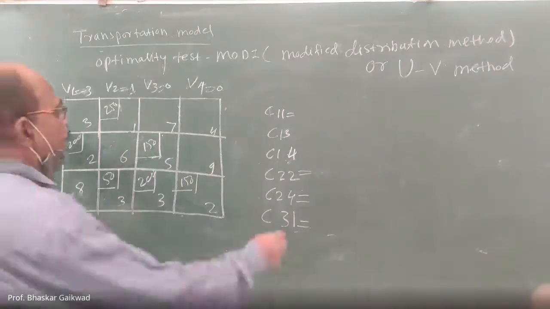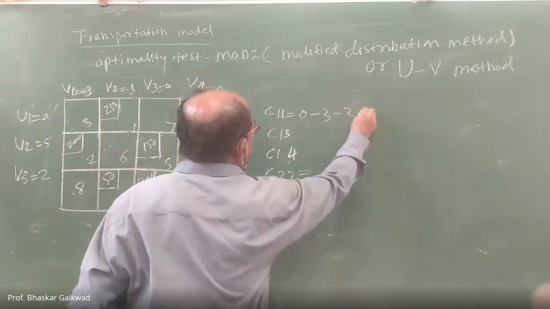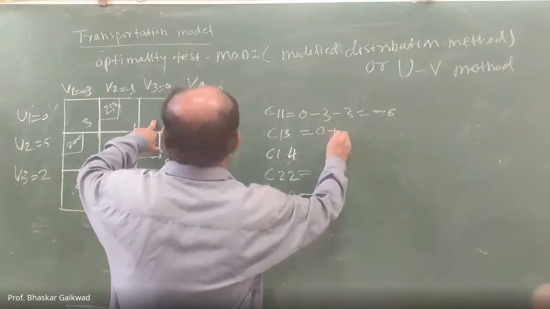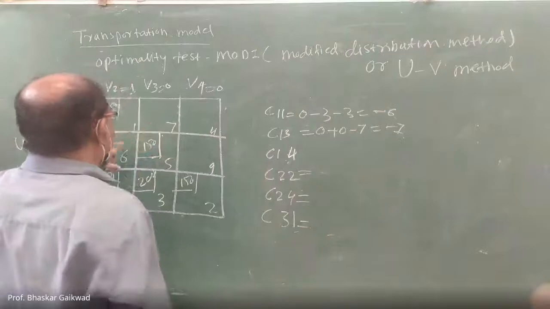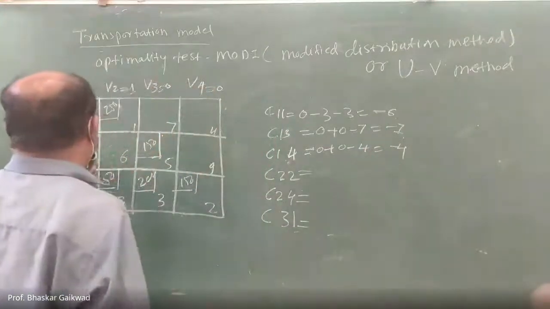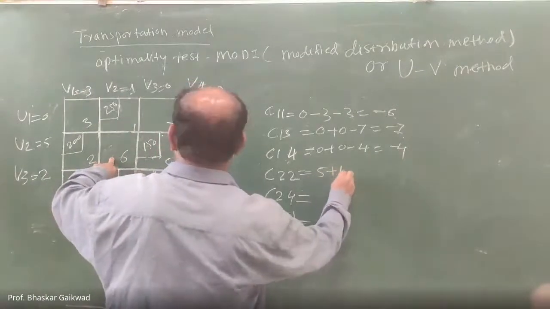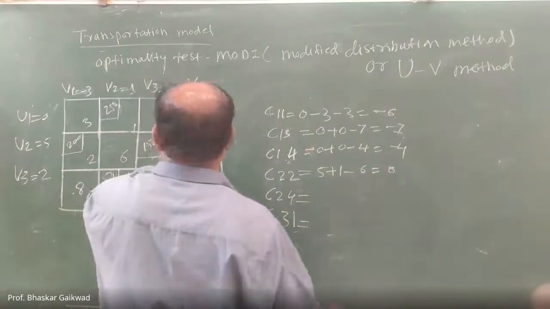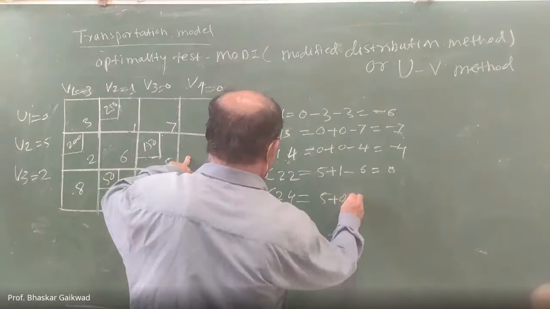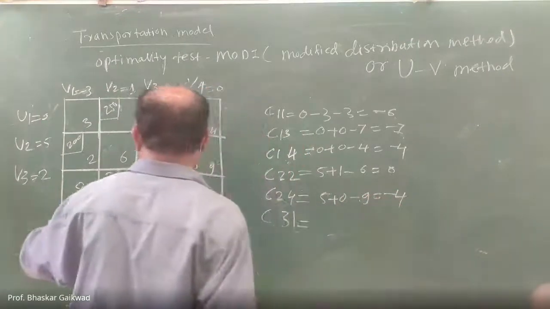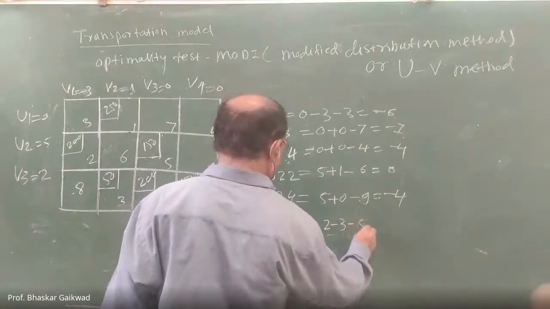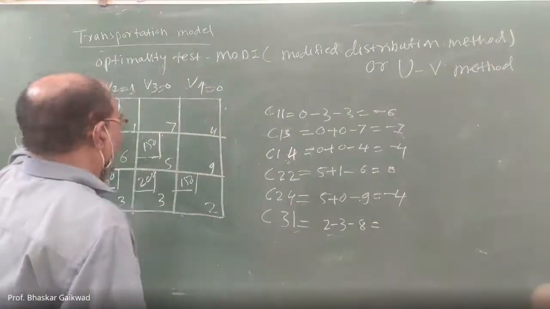So related to this one, 0, minus 3, minus 3, 1, 3, 0, plus 0, minus 7, 1, 4, 0, plus 0, minus 2, 2, here it is 5 plus 1 minus 2, 4, 9, 5 plus 0 minus 9, 9 minus 4, 3, 1 plus 2 minus 3, minus 8, 2, minus 3 minus 8.